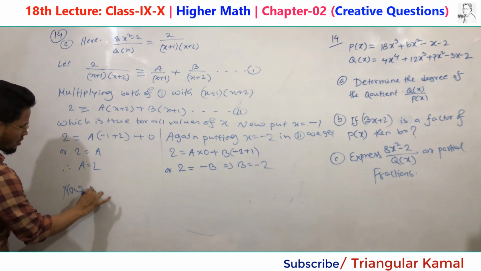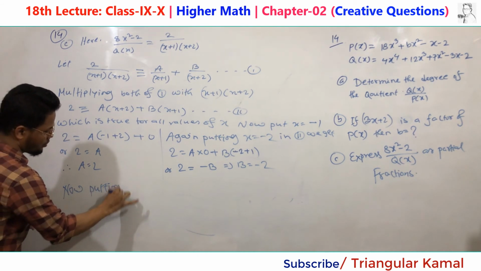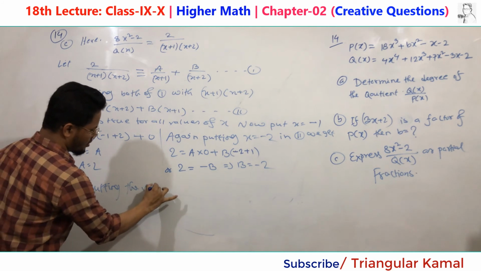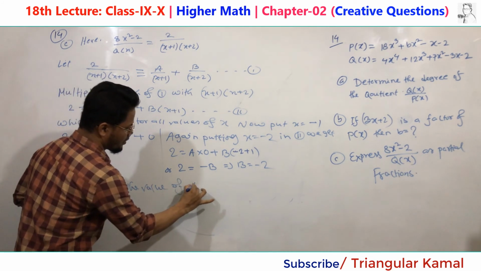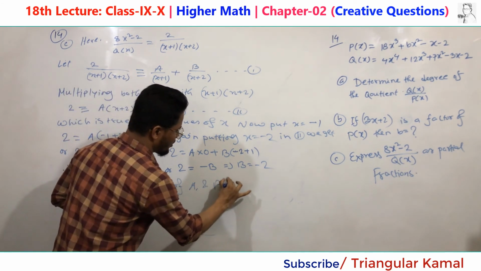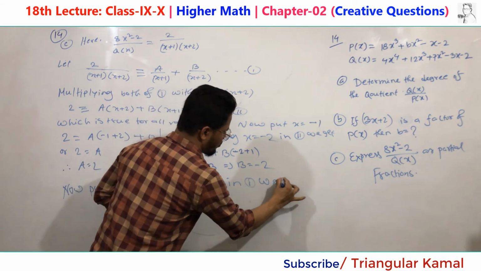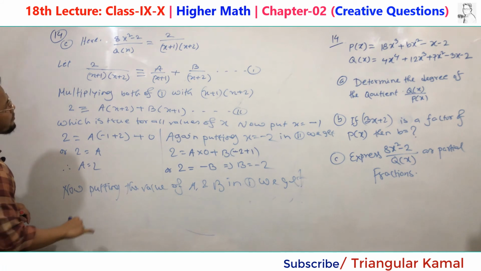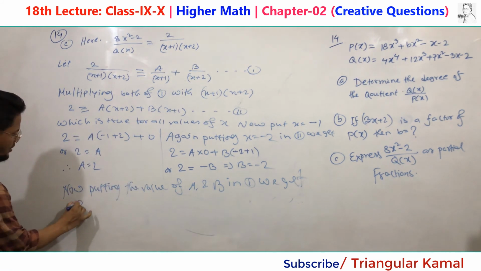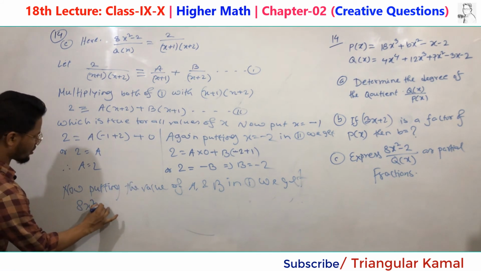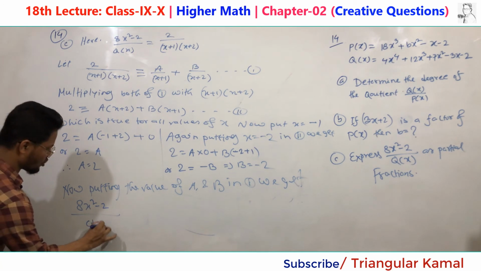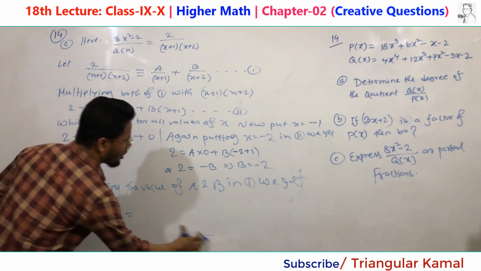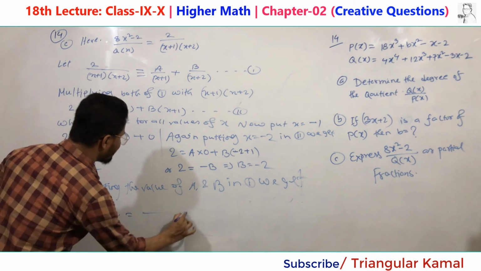Now putting the values of a and b in 1, we get 8x square minus 2 divided by cube of x equals a by the first factor.